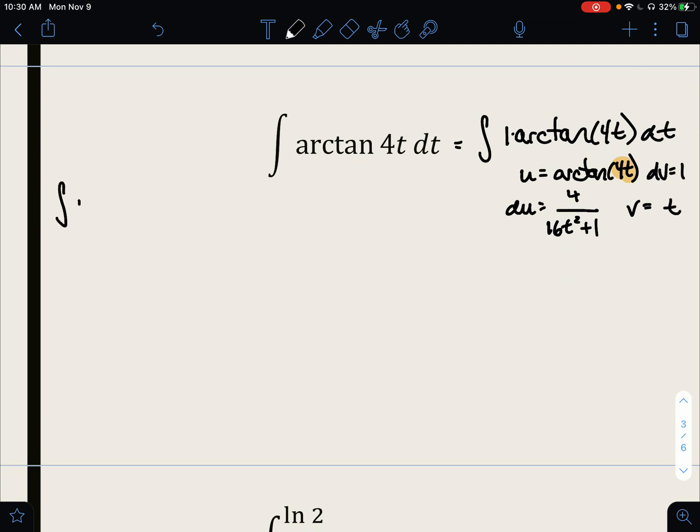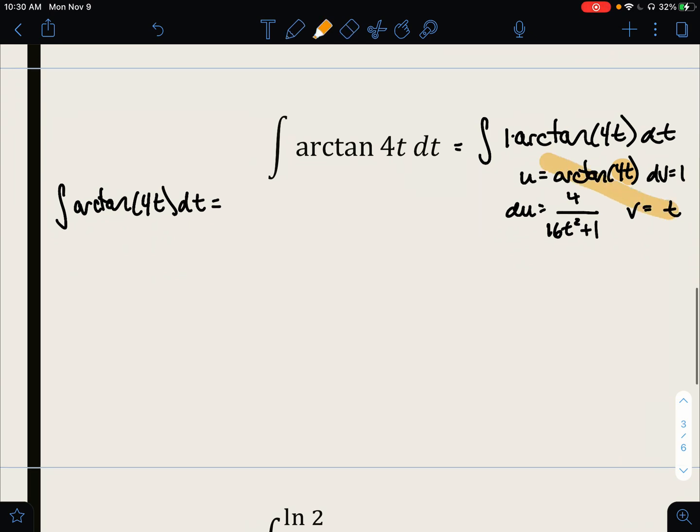So now, integral of arctan 4t dt is equal to my u times v, so t arctan of 4t minus the integral of 4t over 16t squared plus 1 dt.